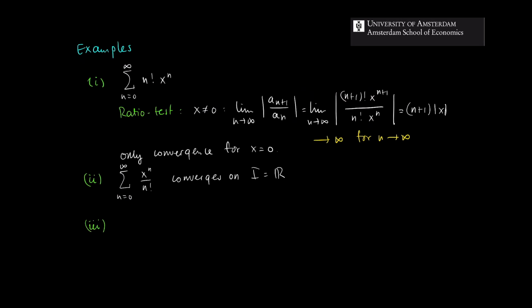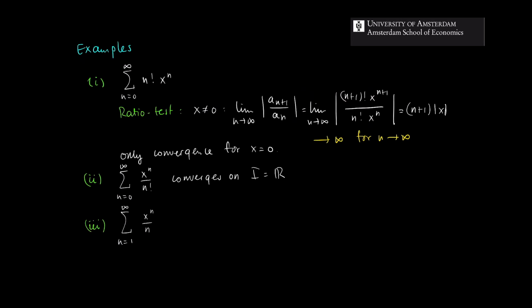So now look at the third example. We have the first two ones, where we had only convergence at x equal 0, and one where we have convergence on the complete set R. And now consider x to the power n divided by n, the sum starting in n equal 1 to infinity.